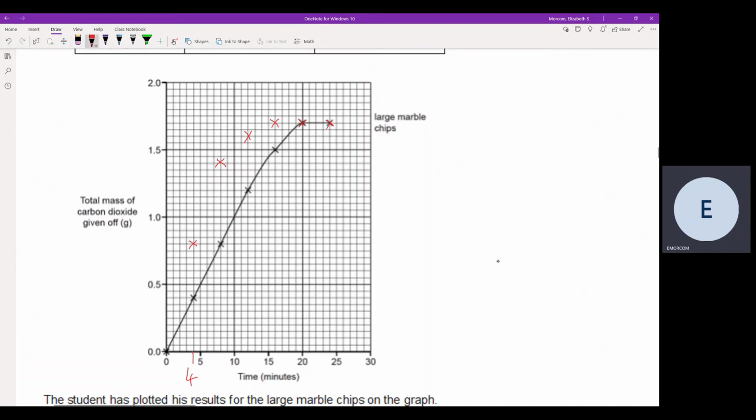You can probably notice, especially if we look at the large marble chips example, that the line is pretty much straight for the first few points, and that's the same for us. So if you'd rather do your first bit with a ruler and then curve off when we get from about 8 minutes onwards, that's absolutely fine, because it is pretty straight through that part.